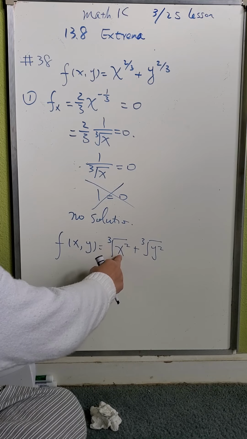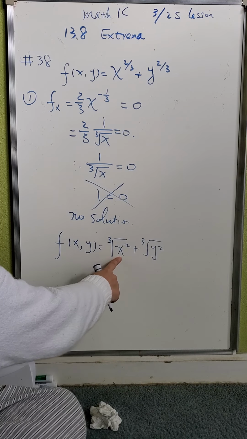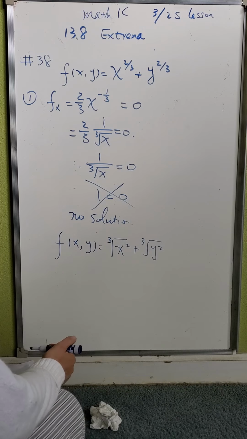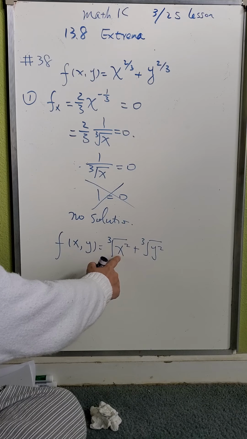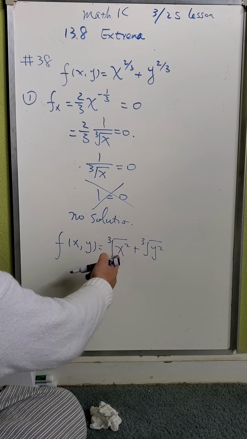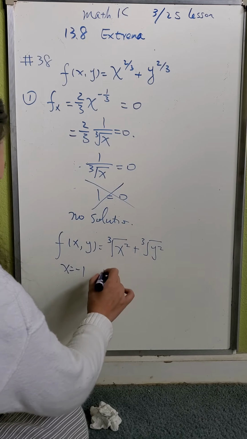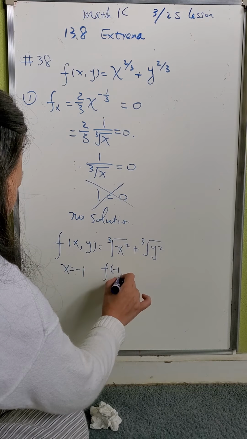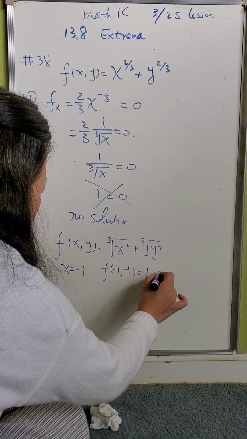Because when you square it, everything will be positive. So maybe (0,0) could be the smallest value. And if x is negative, I square it, I get the same positive number. So let's say my x equal -1, and then my f will equal 1 plus 1 is equal to 2.